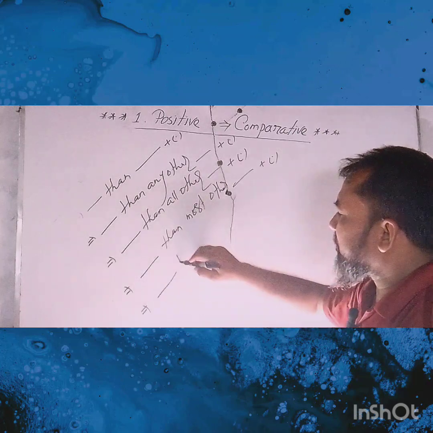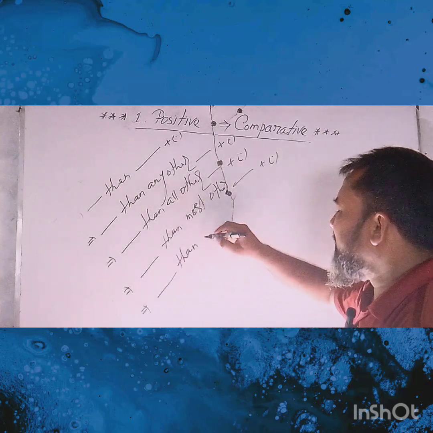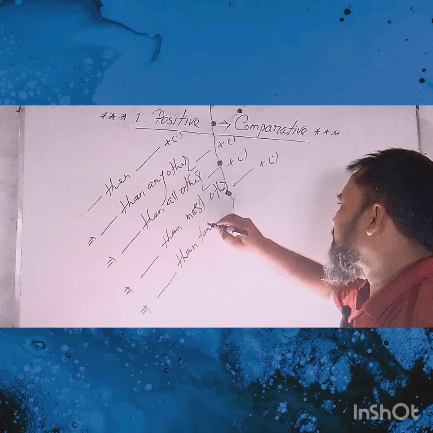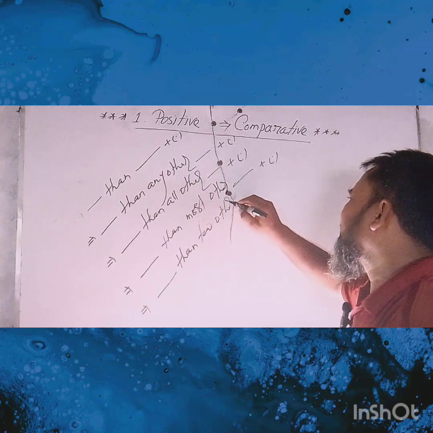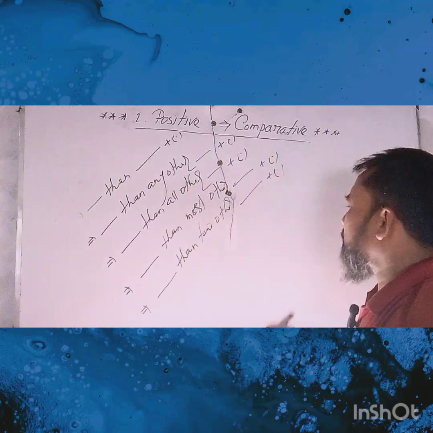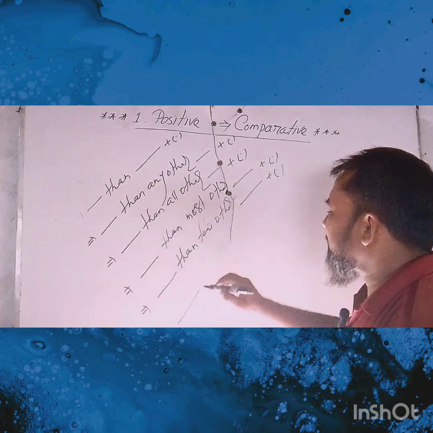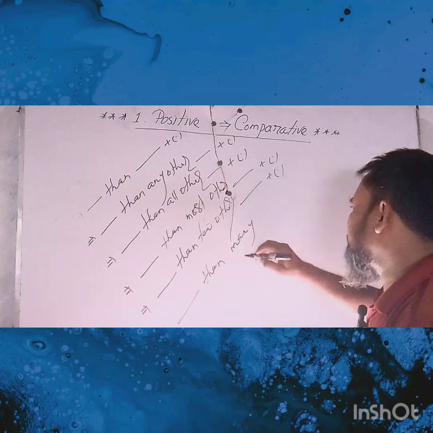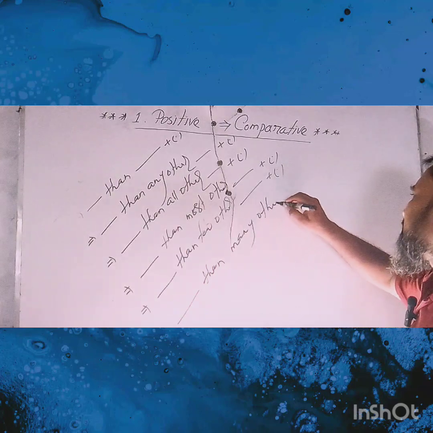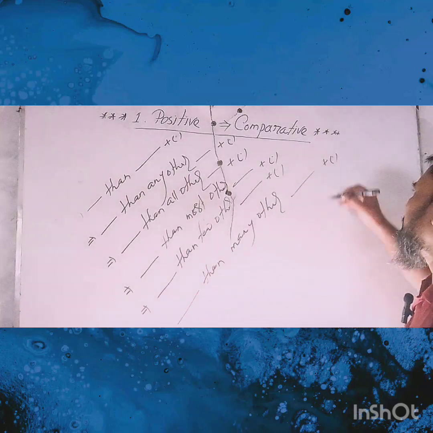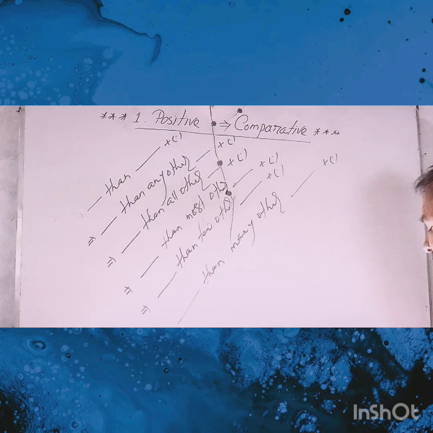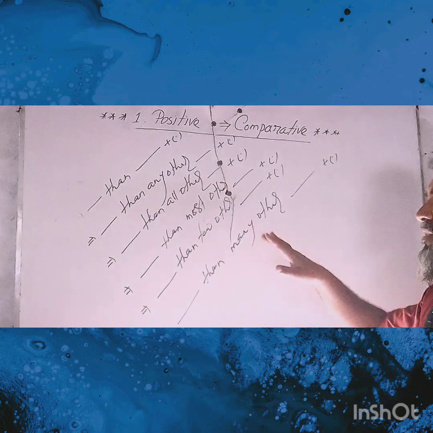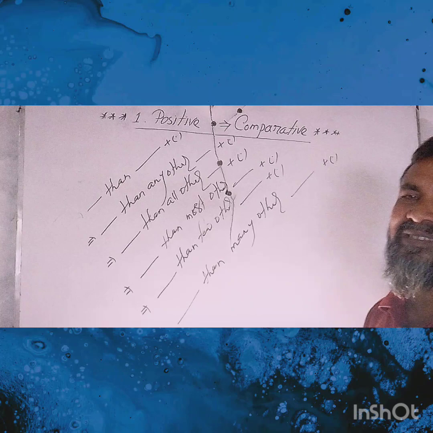Number five, 'than few other', finally ended with a full stop. And number six, 'than many other', and finally ended with a full stop. This was the discussion of my previous class.